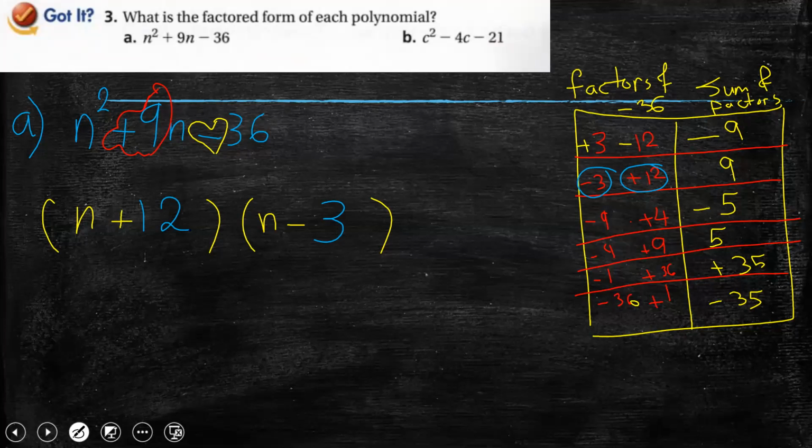Now, is it clear? Yes, miss. Yes, Yara. Can we solve another example? Yes, I will solve. Yara, is it clear for you now? Yara? Teacher, you're calling me or Yara?